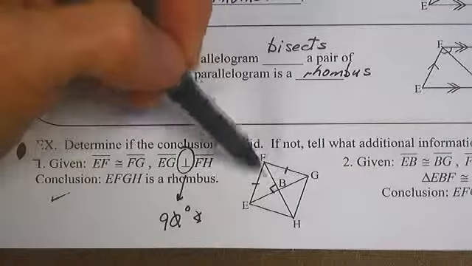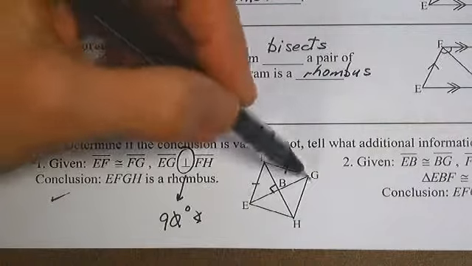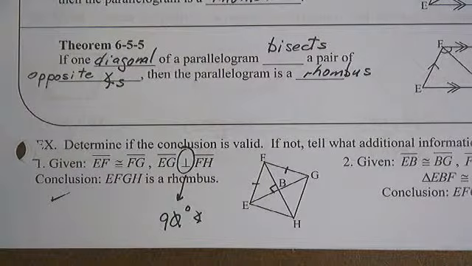We've got congruent diagonals, we've got two consecutive sides, so we have a rectangle, we have a rhombus.